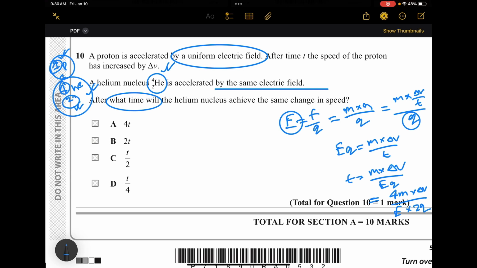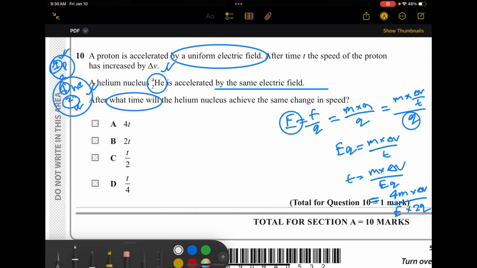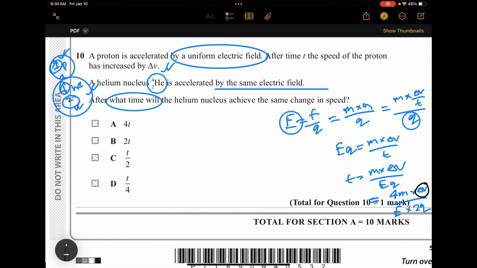So now removing all the constants, let's say del V and E are constant, we can remove them. What we will find is 4 divided by 2 into m into del V divided by E into Q. This formula is exactly similar to the one for the proton.